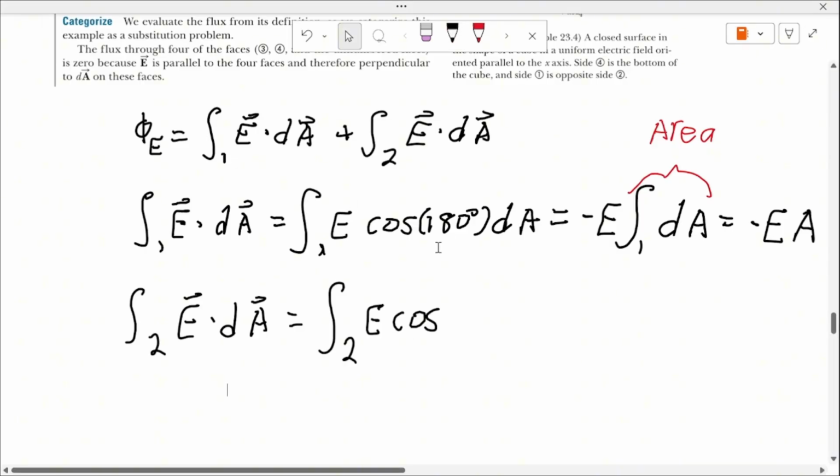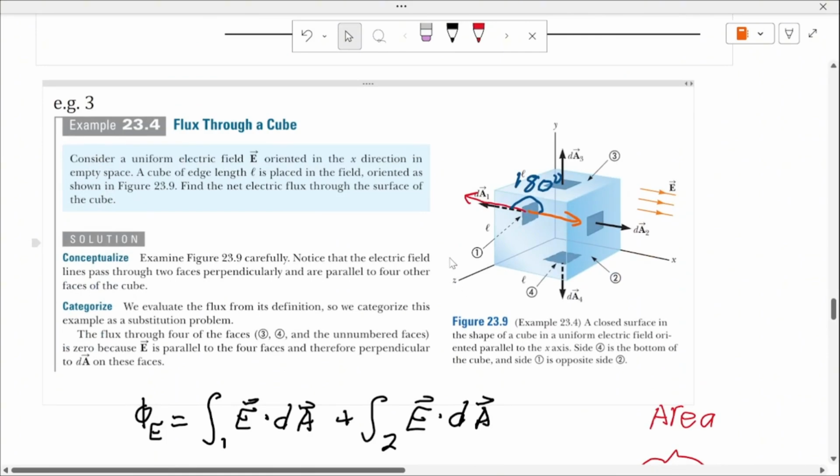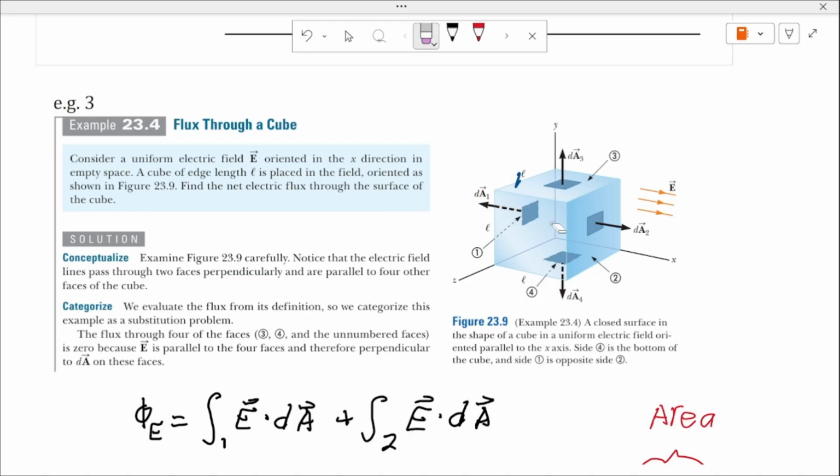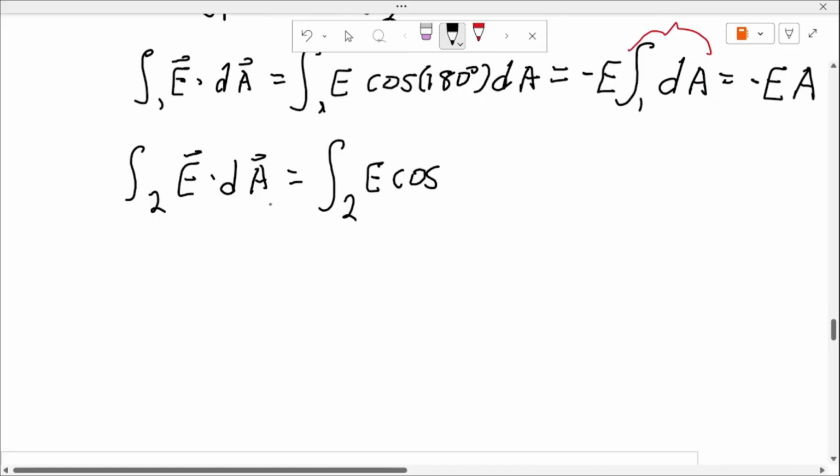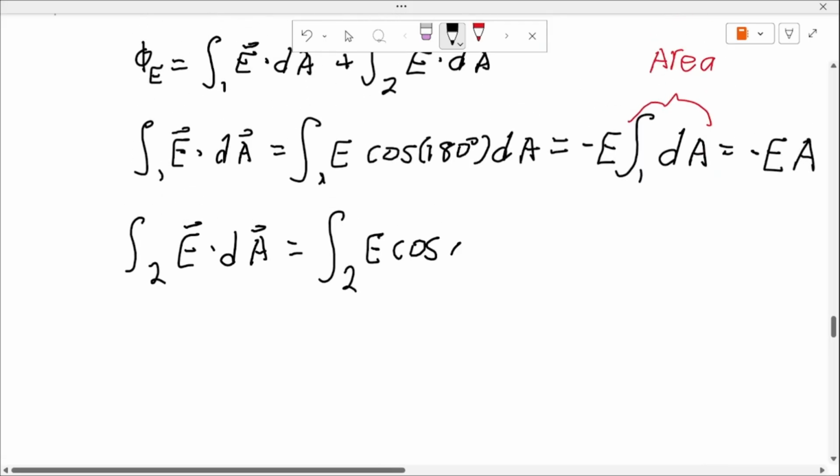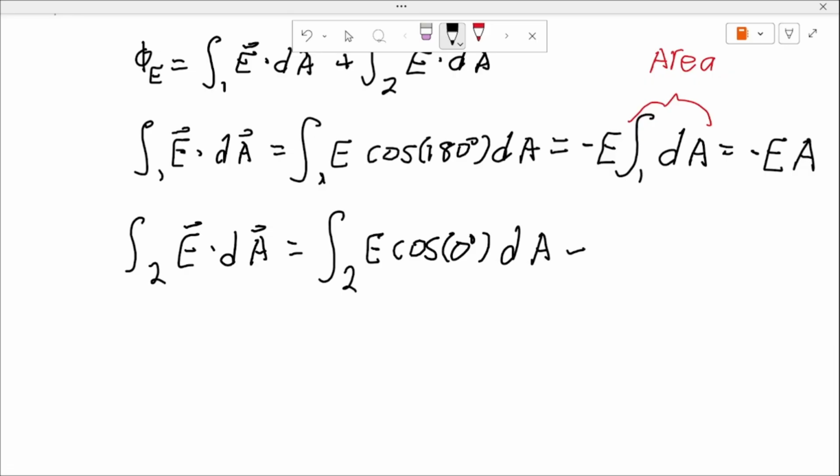Our new angle between the electric field and the normal vector is 0 degrees, because here's our normal vector and here's our electric field vector. Since they're in the same direction, the angle between them is 0. And cosine of 0 degrees is 1. So this expression is equal to EA.